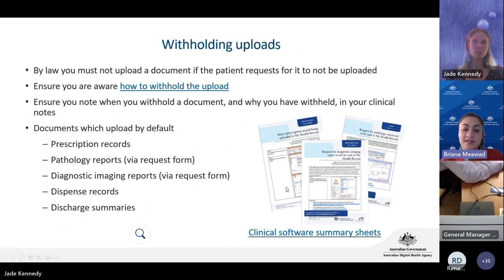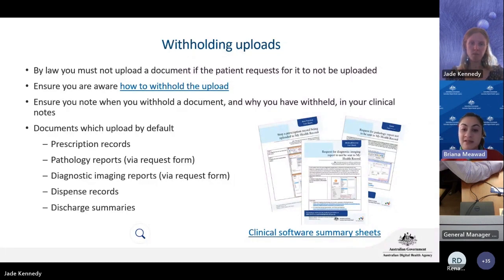withholding upload. So this is that same conversation around if a patient says, please don't upload. Well, in a lot of cases, the upload is set up by default. So, for example, with prescription records, this may be set up in your practice where anytime a clinician creates a new script for the patient, then a copy of that prescription is sent to the My Health Record in the back end.